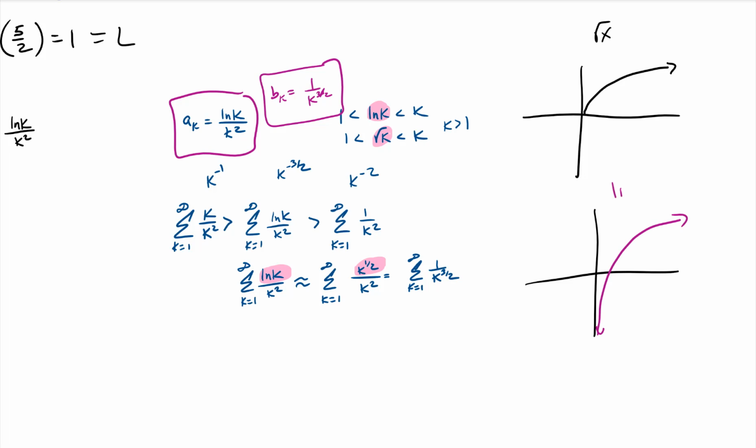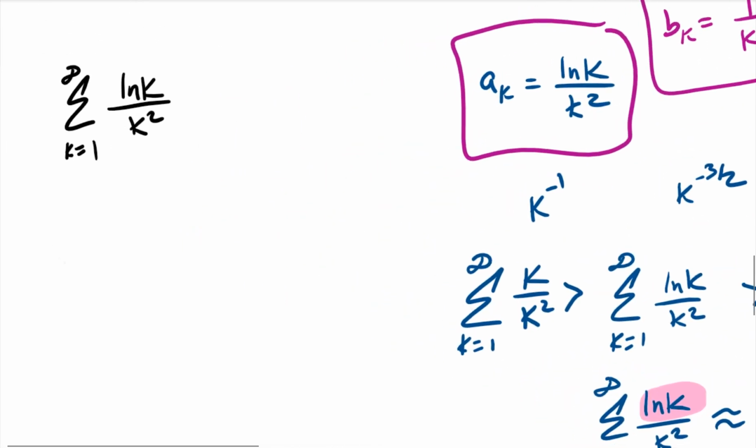That's ln of k. Do you notice they behave the same way? They're concave down. They're both always increasing. They behave in a very similar way. So if you want to do LCT, you can always just replace your ln of k with the square root of k. And I think that would be a great spot for our b sub k.